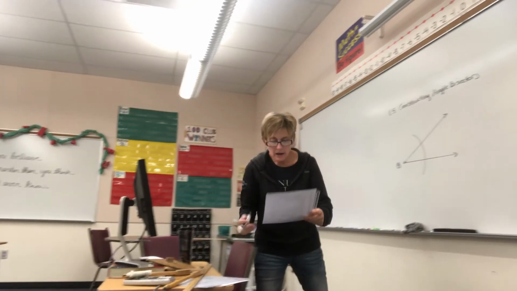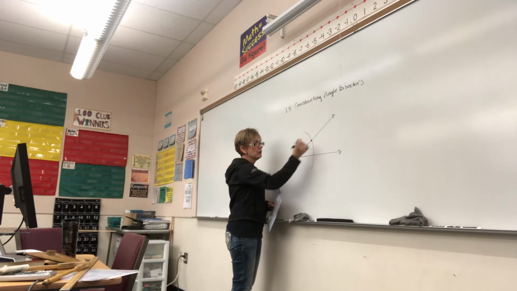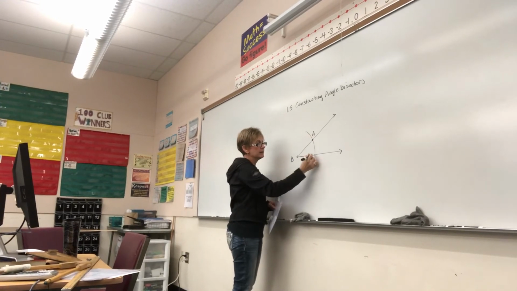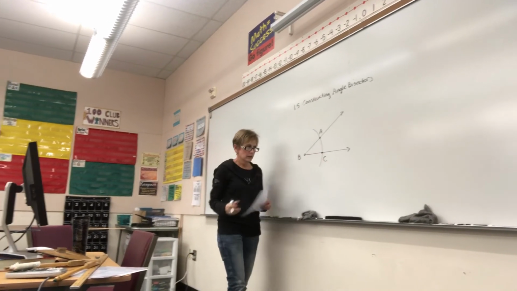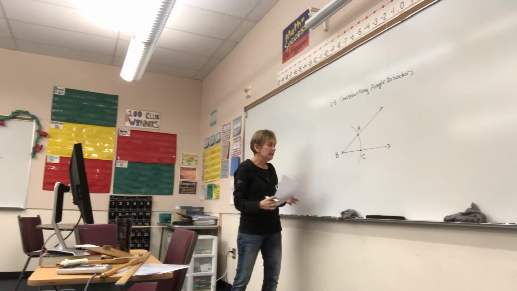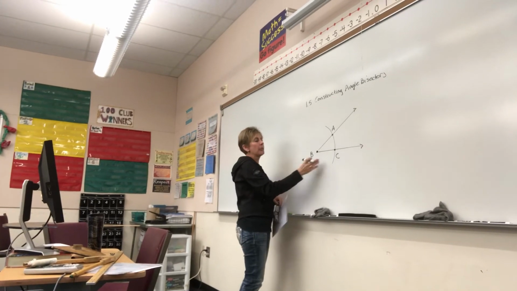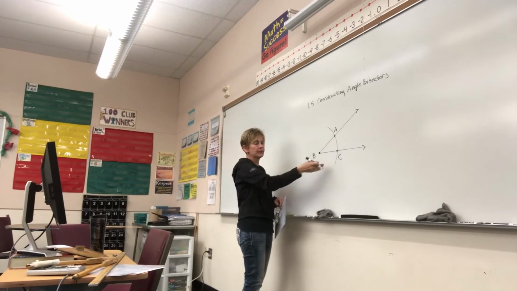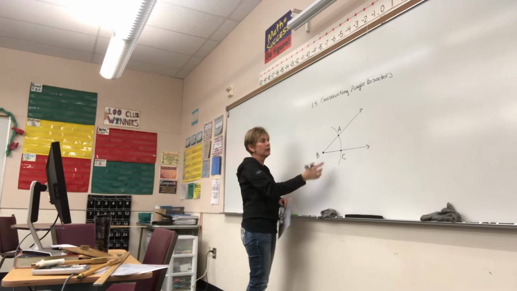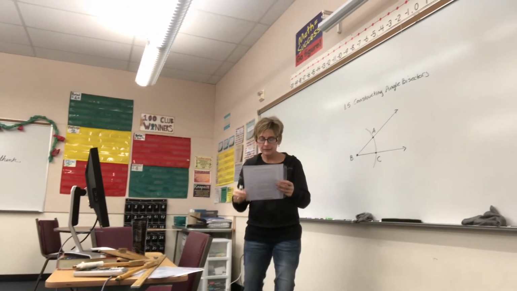Label these points A and C, the points where the arc intersects the angle. So I've drawn my angle, labeled the vertex B, put the tip of my compass on B and drew a large arc that intersected both sides of the angle, and those points of intersection are labeled A and C.